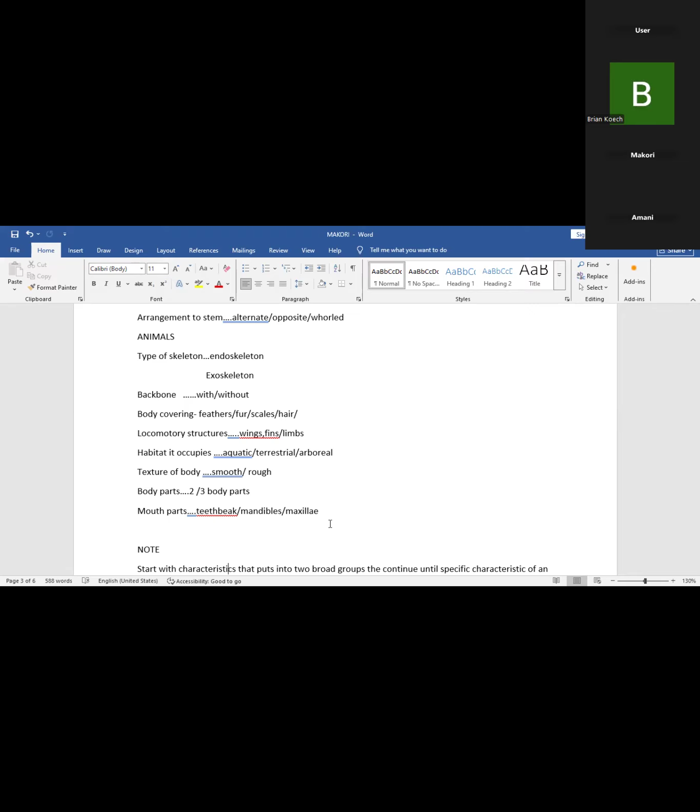Sorry. For the animals, these are the structures that we normally use in the construction of the dichotomous key. The type of skeleton that the animals have: we have got the endoskeleton, we have got the exoskeleton, then we have got another type of skeleton that you will learn later in form 4 that involves fluid.